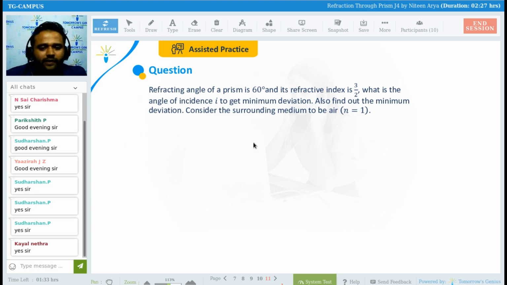Do this. The angle of prism is given, the refractive index is given. What is the angle of incidence I to get minimum deviation? Do that, very easy, very basic. You need to find the angle of minimum deviation.